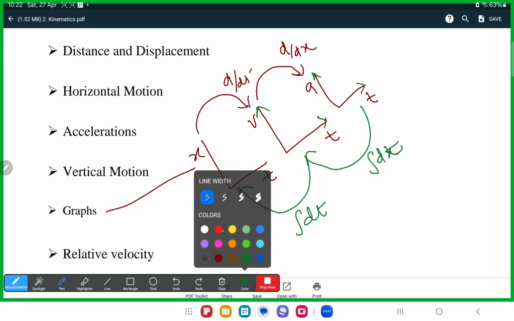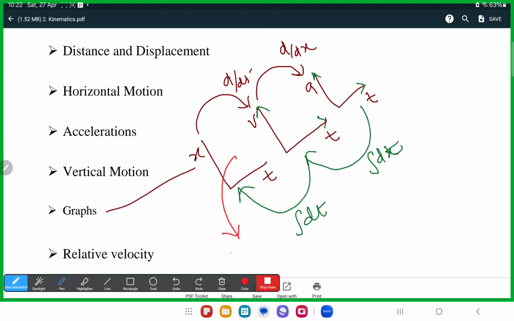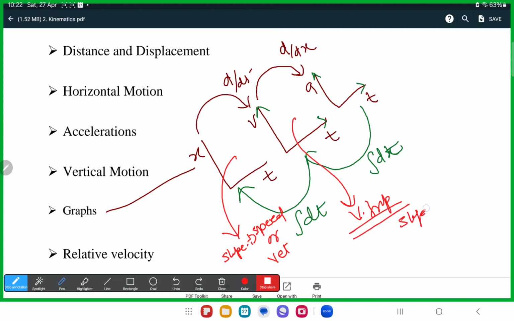Now a few more things. In the xt graph, only remember the slope. Slope will give me speed or velocity. The vt graph is very important. Here, slope will give me acceleration, and area will give me displacement.